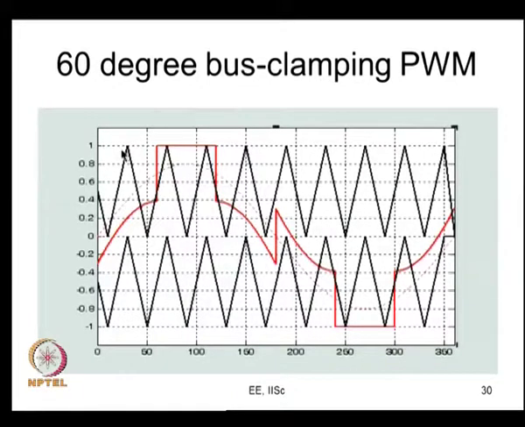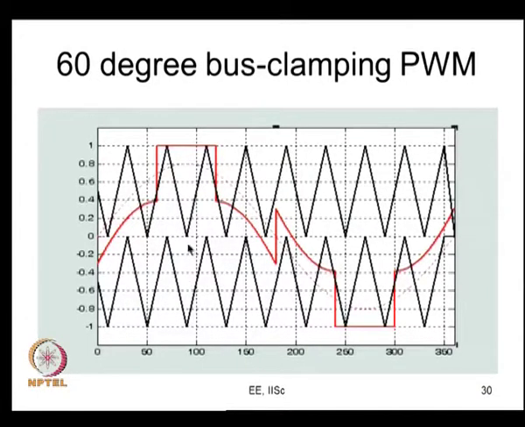This can start anywhere from 30 to 90, and the clamping region can end anywhere between 90 to 150, and this can be symmetric, like this can start anywhere from, let us say, 210 to 270, and this can go all the way till 330, 270 to 330. So, that would be continual clamp PWM, and 60 degree bus clamp PWM is one specific example.